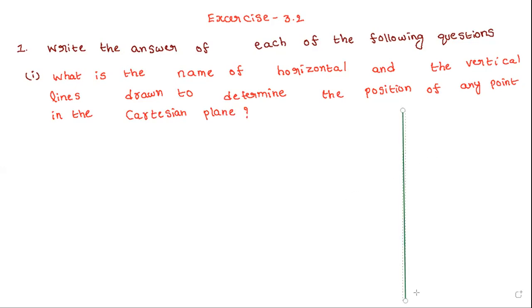This is the vertical line. This is the horizontal line. What is the position of points? This is 0, 1, 2, 3, 4, 5, then -1, -2, -3, -4.